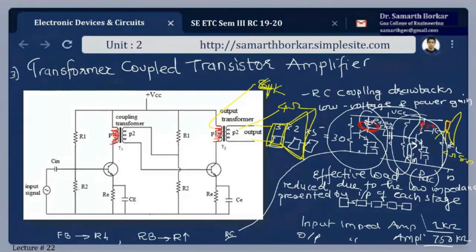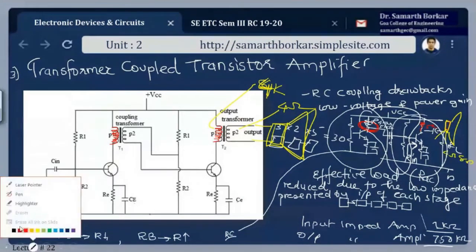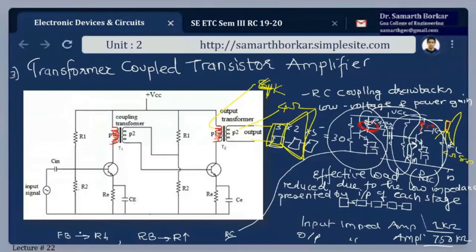So in multi-stage amplifiers, the low input impedance of the subsequent stage, meaning the next stage, offers low resistance.